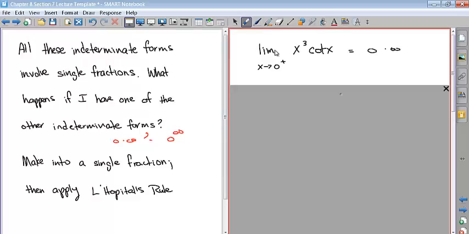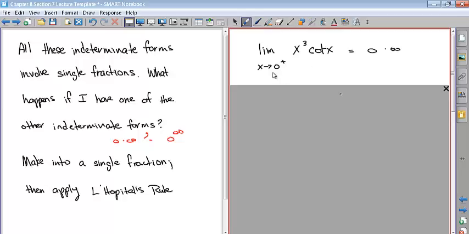So here's an example. So what I want to do is take the limit as x goes to 0 from the right. And the reason there's this plus thing here is because the cotangent of 0 does not exist. Actually, that's not true. Cotangent of 0 is... yeah, this doesn't exist because the tangent of 0 is 0, so the cotangent would be 1 over 0, which would be infinite.